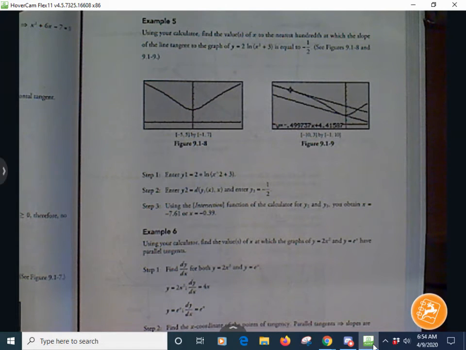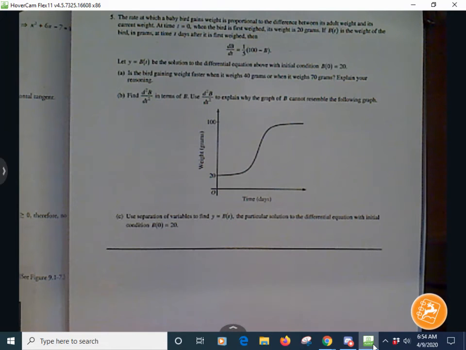So now the other question that was asked was 2012 BC number 5. That equation right there. All right.